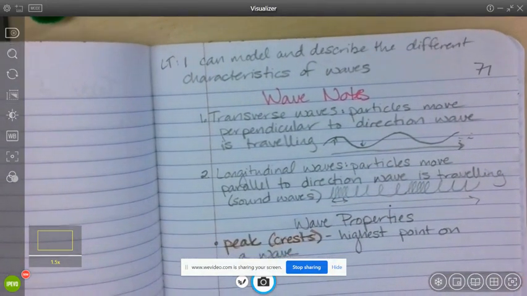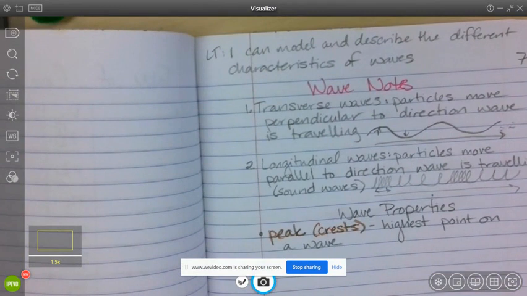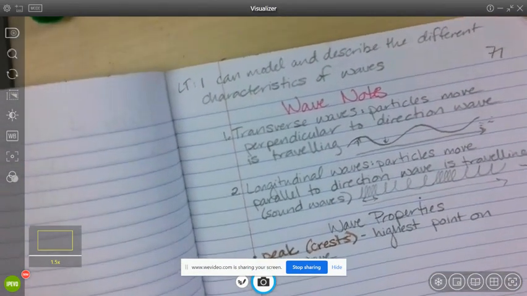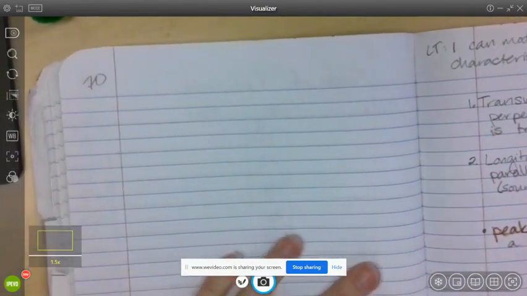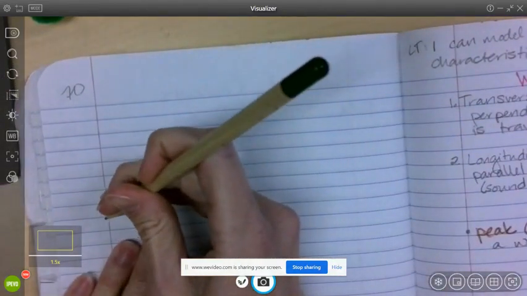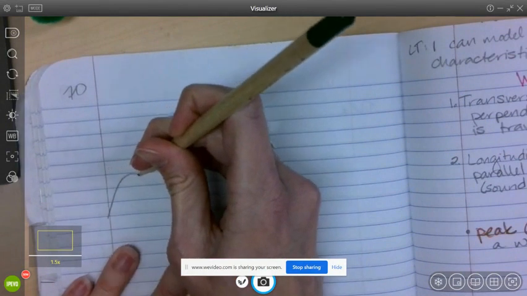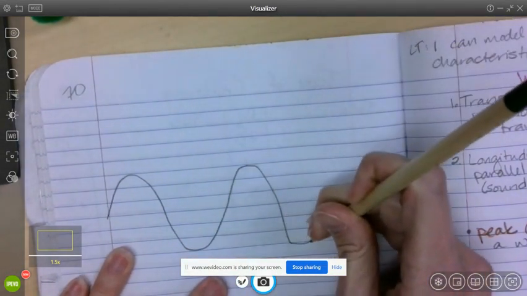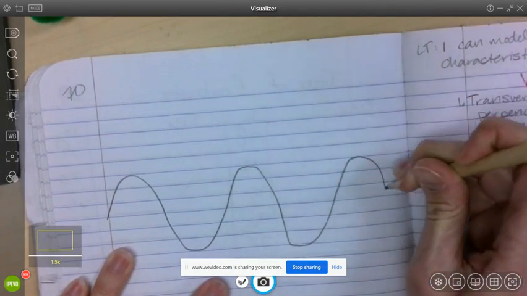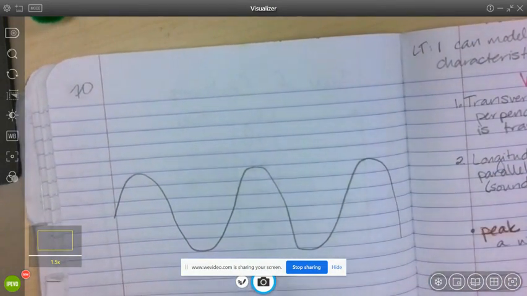Okay, and then what we're going to do over here on page 70 is we're going to draw a transverse wave, and then we will label all of these parts that we talk about. Okay, so on page 70, I'm going to just draw a big old wave. And we will label this.